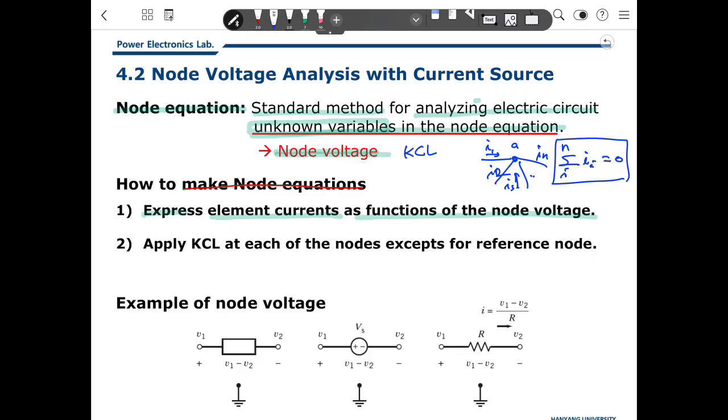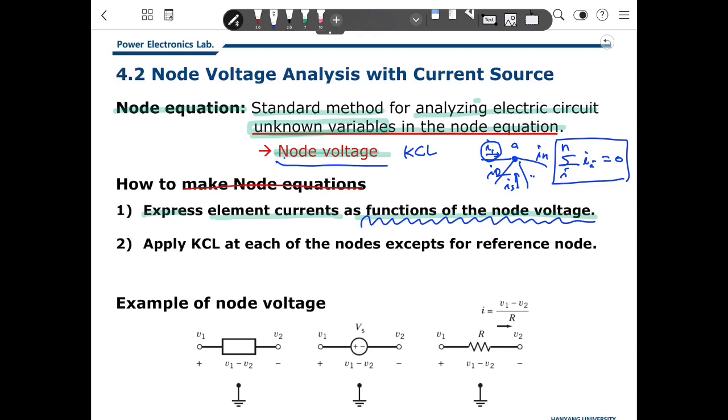So KCL is a function of current, and you choose the unknown variables as voltages. So to apply the KCL, because KCL is a function of current, we should define all branch currents as node voltages. That is the fundamental key to making a node equation.